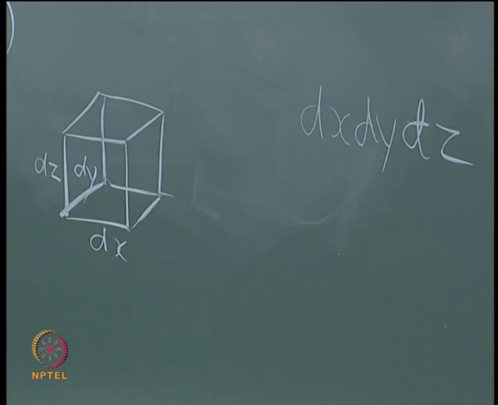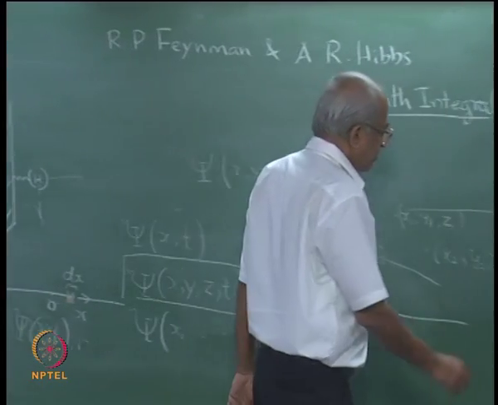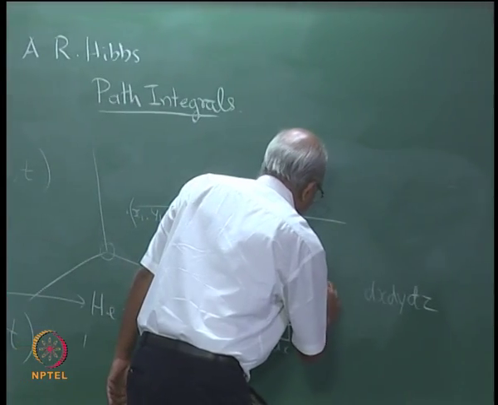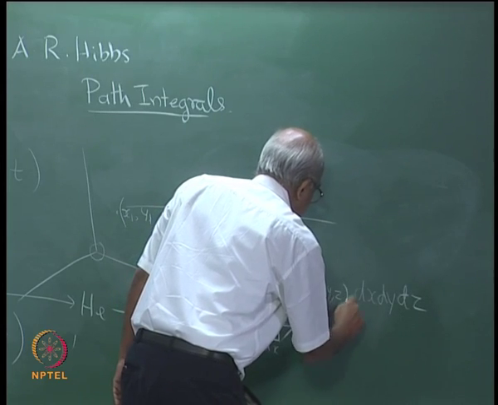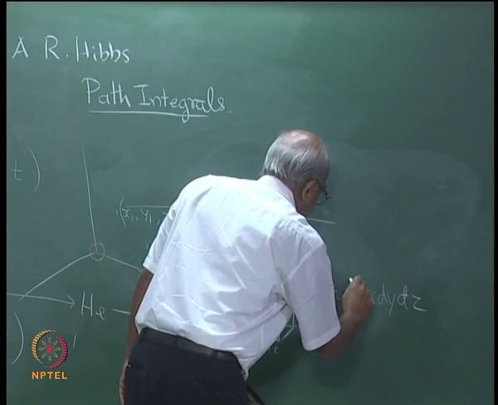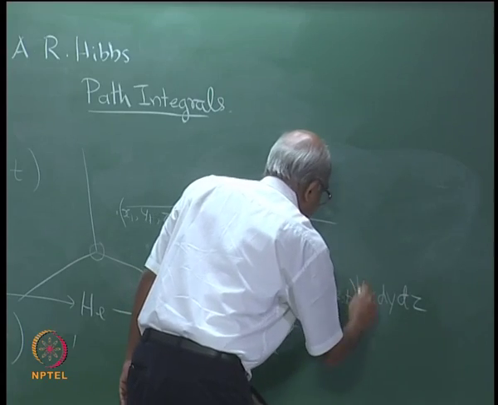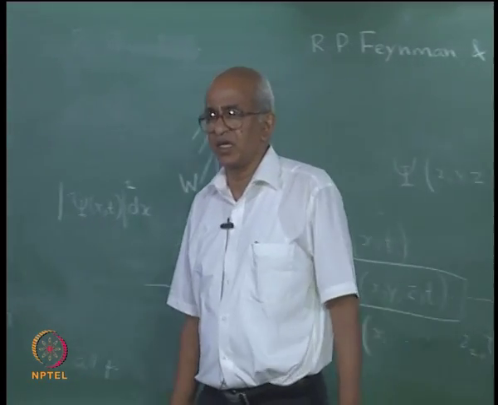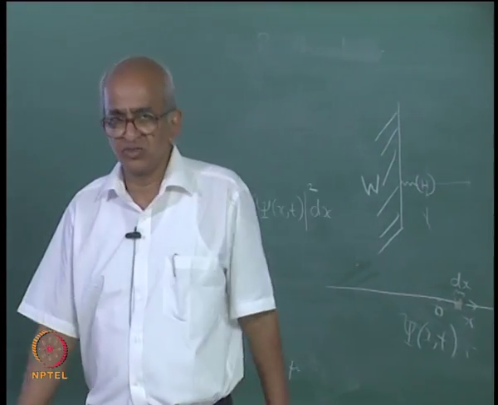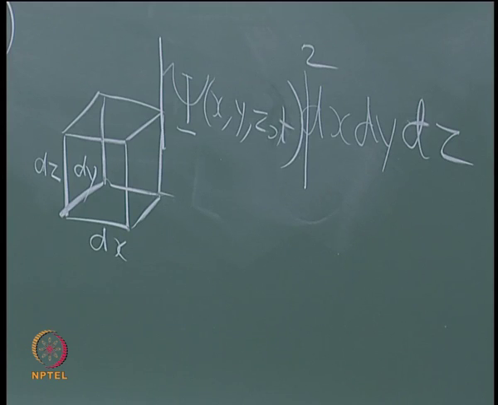So, it has to be proportional to dx, dy, dz, and then naturally you would also expect psi of x, y, z, t magnitude square. So, this will be the probability that the helium atom will be within that small rectangular parallelopiped region.